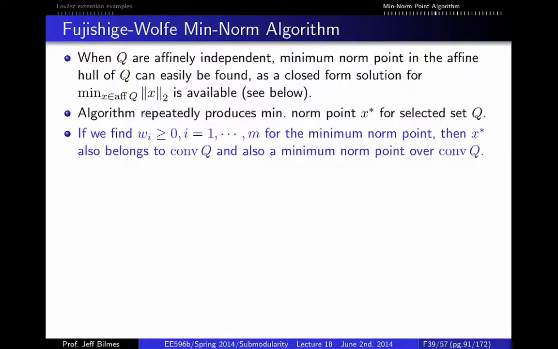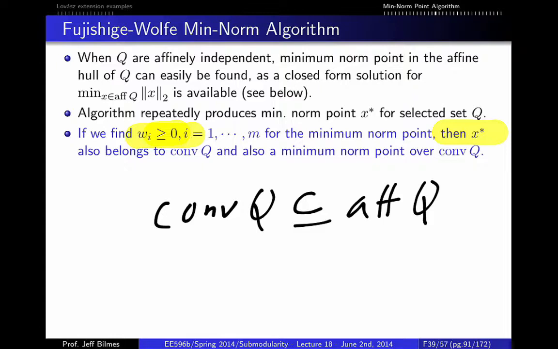Once we've done that, if it so happens that the weights of the minimum norm point in the affine set Q are strictly non-negative, then, since the convex hull of a set Q is always smaller than the affine hull of Q, right, if you find the minimum over the affine hull and it turns out that it lives within the convex hull, then you've lucked out, and you've also found the minimum norm point in the convex hull of Q.